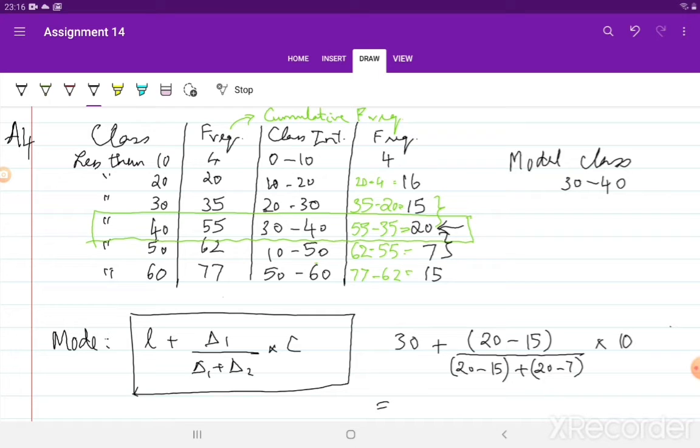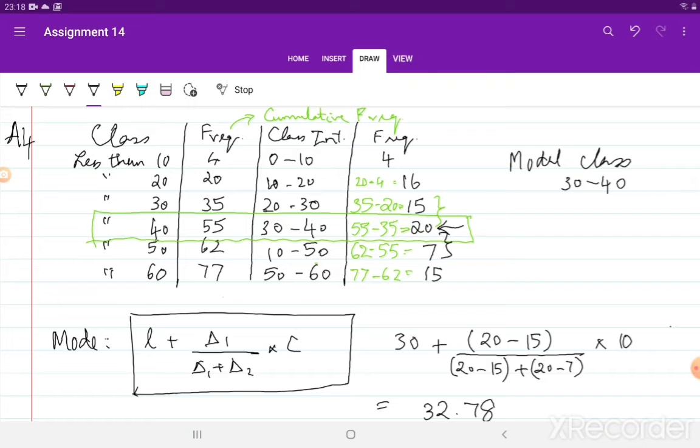So this value can be calculated as 32.7778. If you want, you can always round it off and write it as 33. So this is your mode.